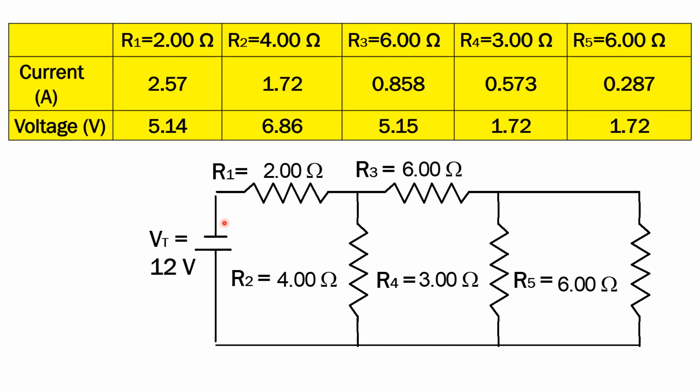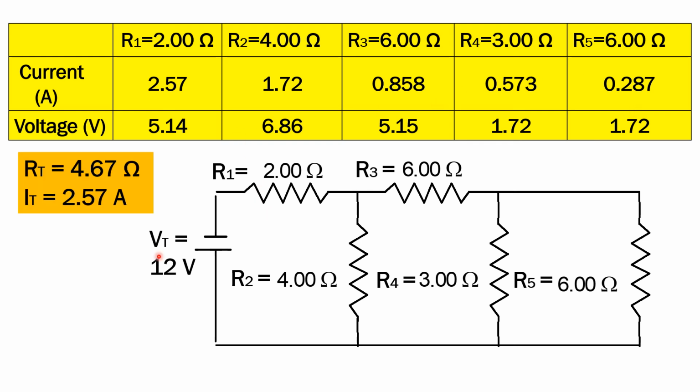Here we are given the individual currents through each of the resistors as well as the voltages across each resistor. And of course, we also have the total resistance, R sub T, and the total current. You notice that the total current is equal to the current through R1 because according to the diagram, it's only R1 that is directly in series with the battery.